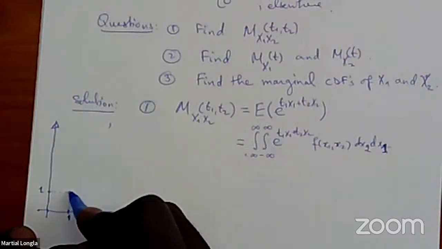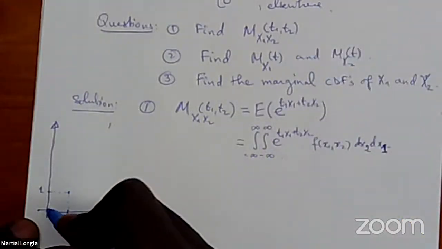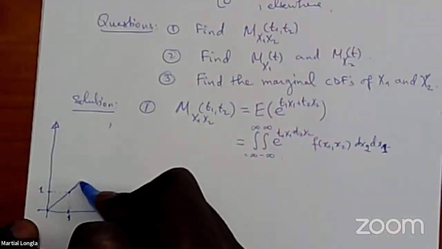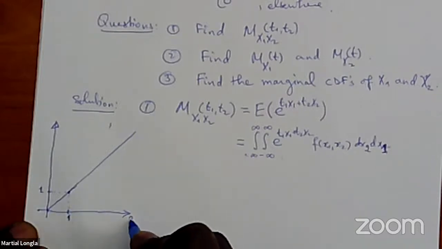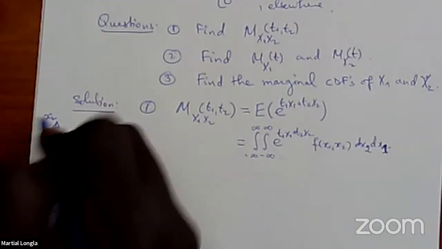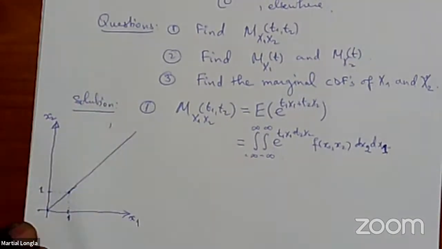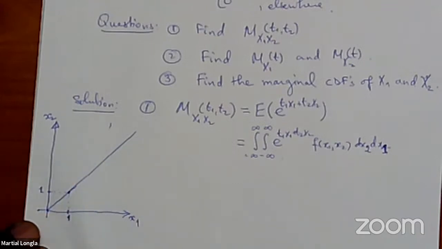So here, x1 equal x2 would go along that line. That's the diagonal. The main diagonal will be where it stops. And now you need to choose. This here is x1 on this side, and that is x2. And you need to choose on what side of this line is the region of interest. How do we choose that?